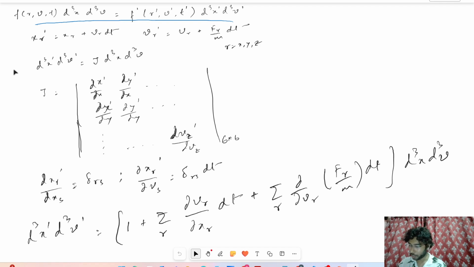And if we do that, we'll see that f prime is equal to f plus del f del t dt, plus the summation over r of vr del f del xr dt, plus the summation over r of Fr by m del f del vr dt, right?